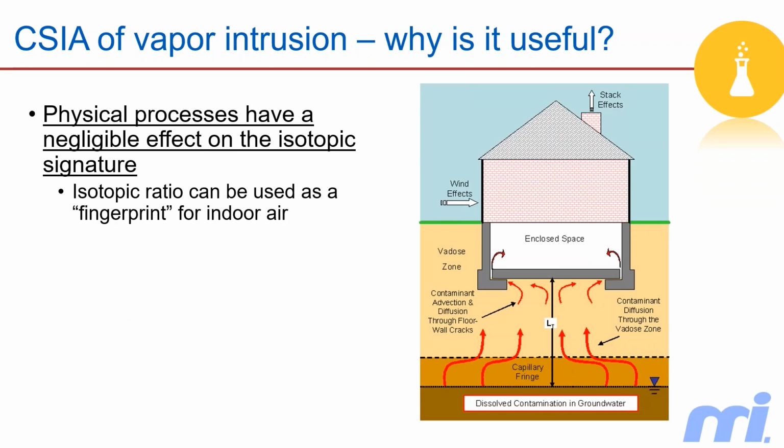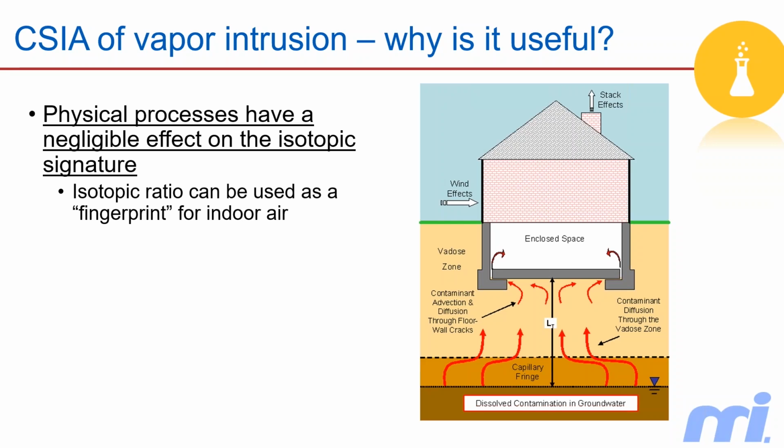So why do we find that this is useful? Well, the reason that compound specific isotope analysis in particular is very useful is because this is a technique that physical processes really have a negligible effect on. So if we look at a ratio or an isotopic signature, which is typically our ratio of 13 carbon to 12 carbon in our contaminant, we can use that as a fingerprint for our indoor air sample.